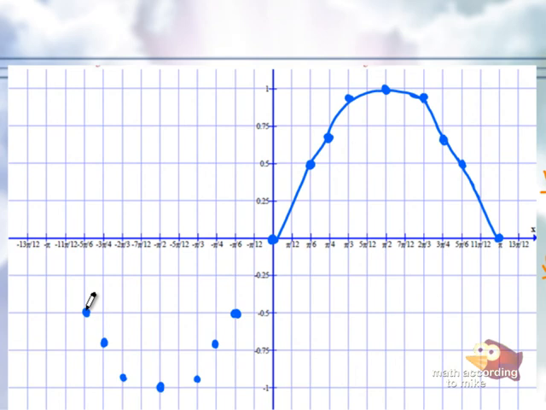And negative pi, we should get 0, because negative pi is coterminal to positive pi. I'm sorry, I didn't mean negative 1, I meant 0. I apologize. So, connect the dots. Hey, that was better that time.